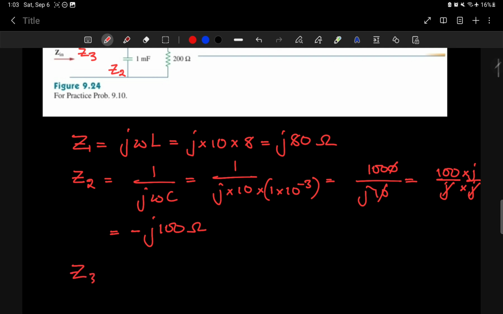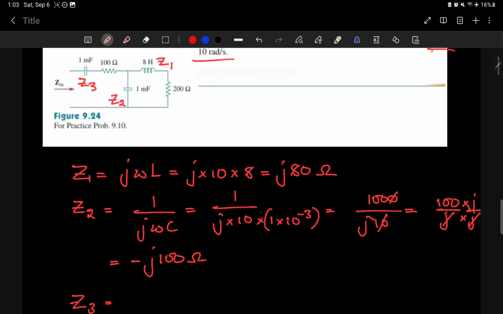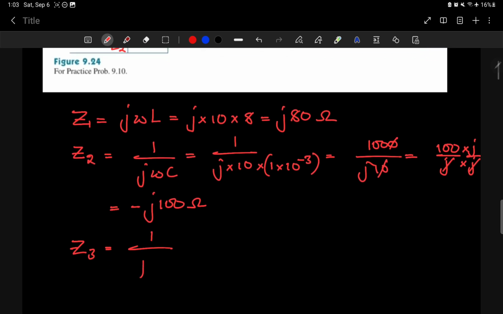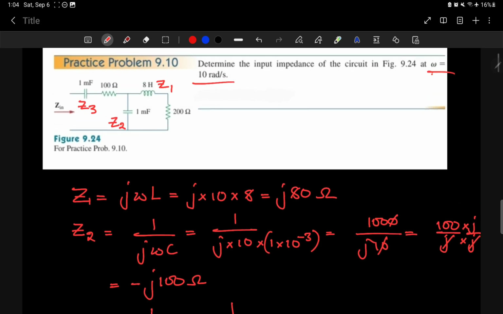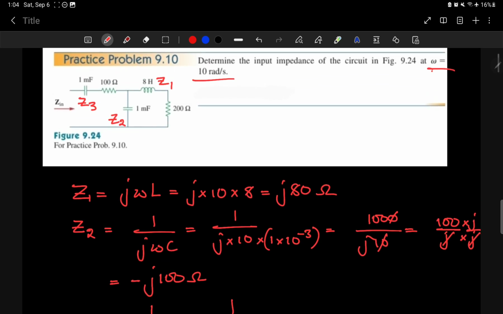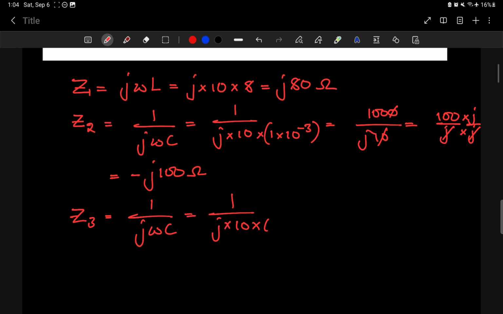In the same way, we get Z3, which is for a capacitor as well, so it will still be 1 over j omega C. Omega is still the same, 10. The capacitance for this one is also 1 millifarad, so also 1 times 10 to the minus 3. So we expect this to also reduce to minus j100 ohms.